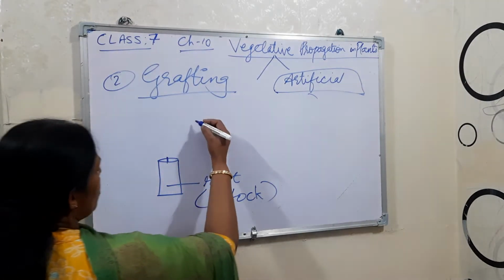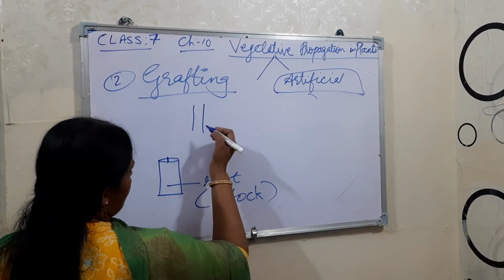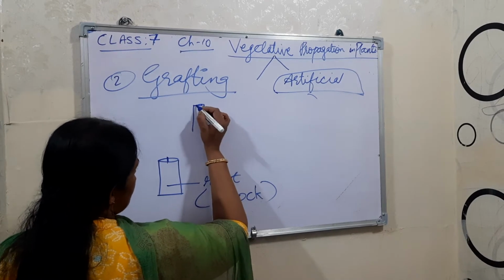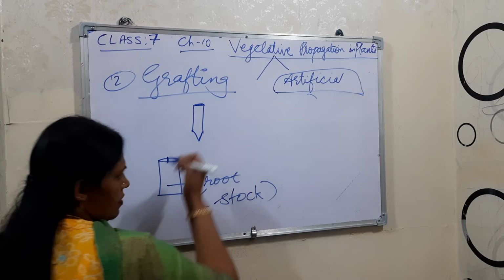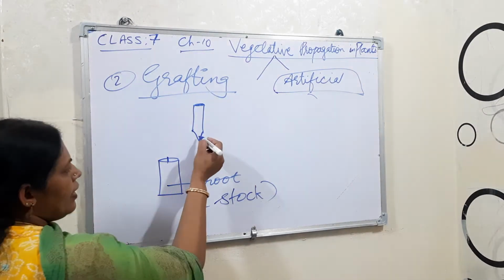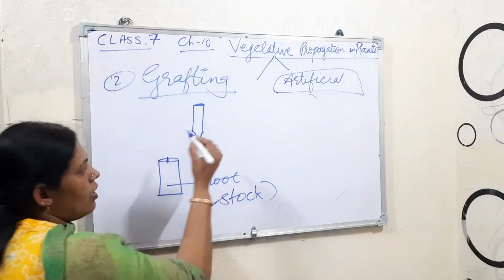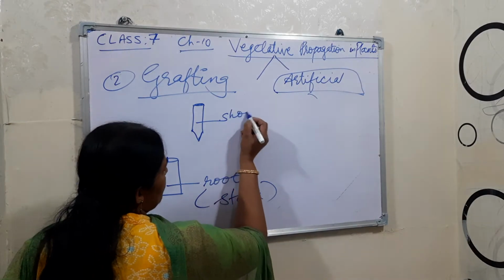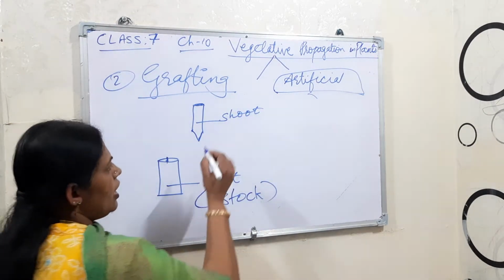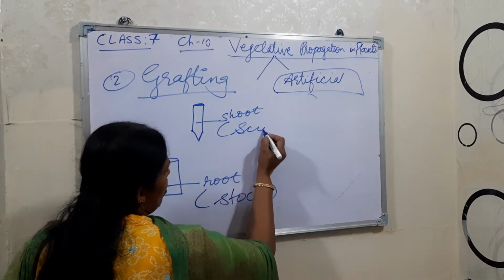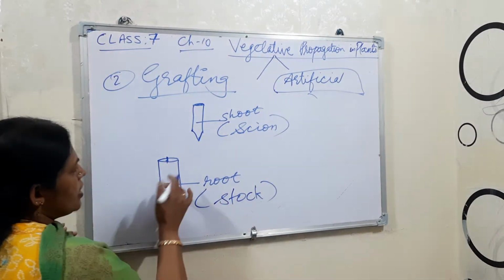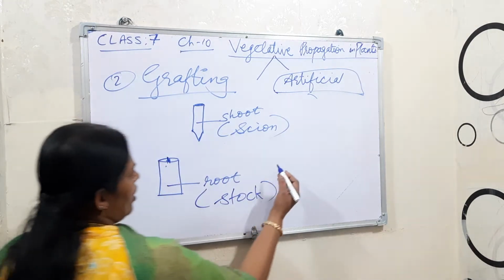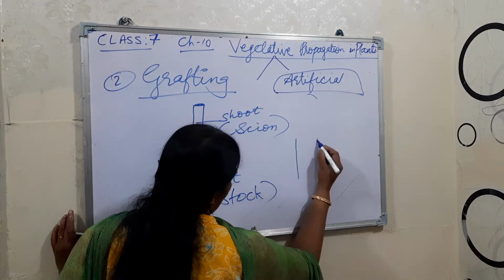And this is another plant's stem. Here you have to cut this portion like this, pointed, and that portion will be inserted here. This becomes the shoot portion, and that is known as the scion. Now how will you insert this? You have to insert over here, let's see how it will be.